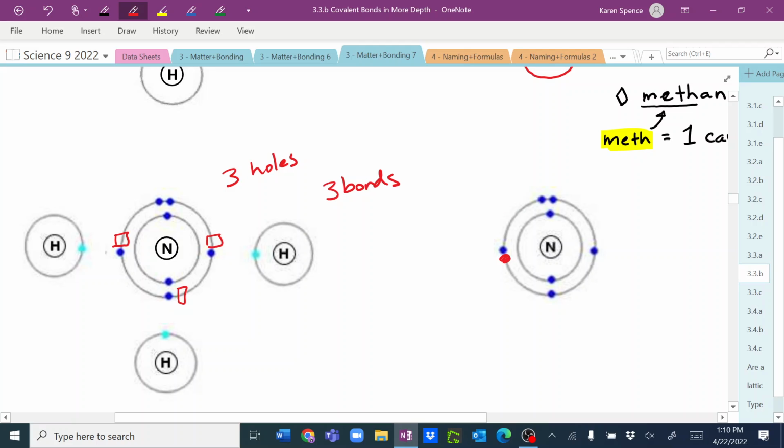Here's our hydrogen. Here's our hydrogen. Here's our hydrogen. Hydrogen, hydrogen, hydrogen.